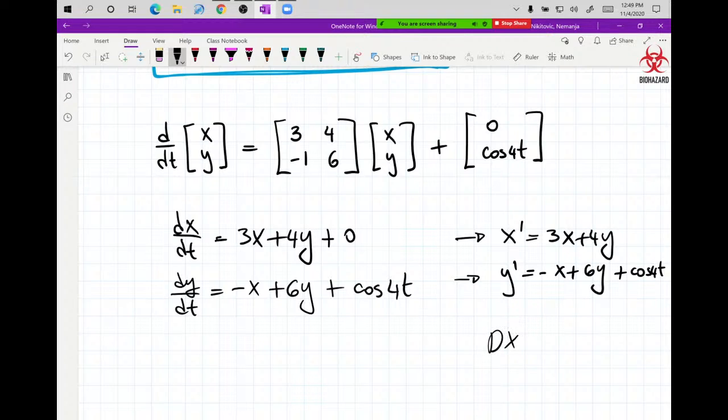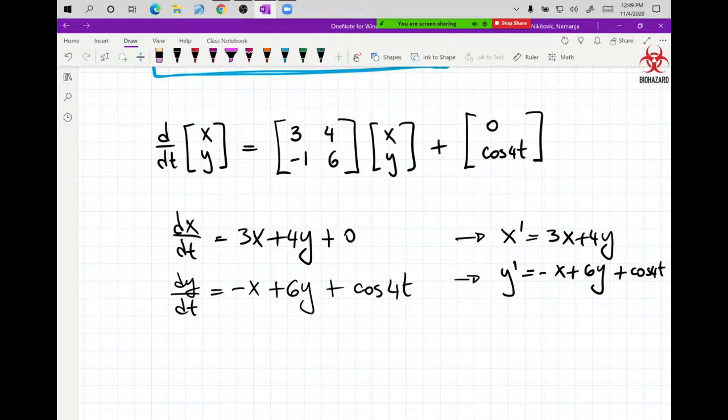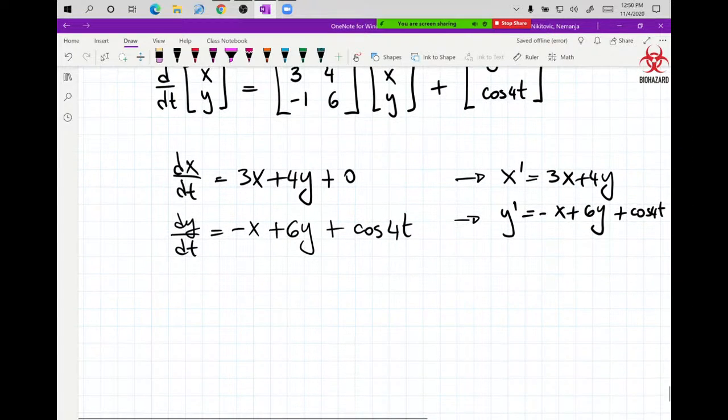It was D x minus 3x minus 4y equal to 0, and then factor out x and so on. But now we just learned that if you have this system, you don't have to go the linear operator route. You can actually convert all of that into a matrix problem and then use what's coming up in our chapter 5 to solve.